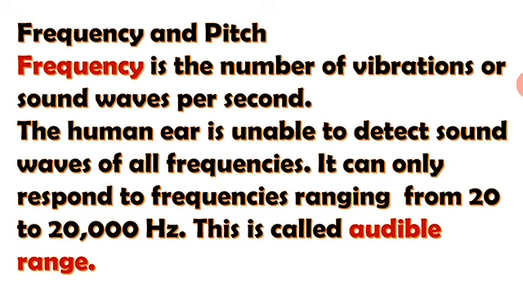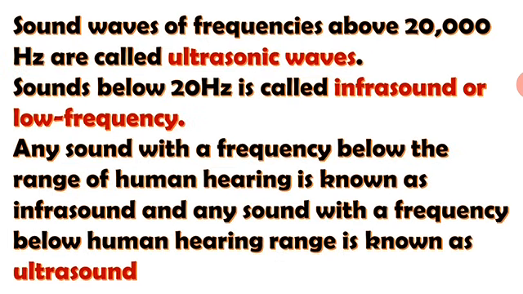So lower than 20 hertz, it means that humans cannot detect these frequencies. Sound waves of frequencies above 20,000 hertz are called ultrasonic. A while ago, audible is 20 to 20,000.